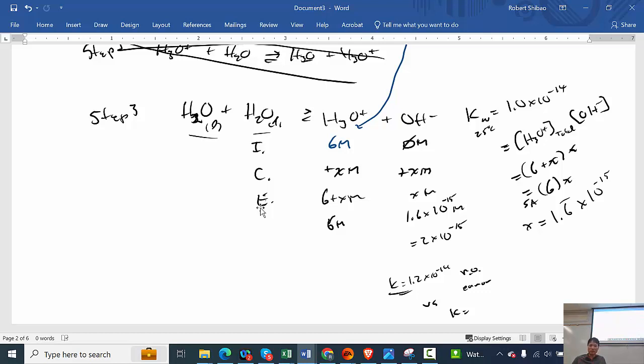Versus a K if I just kept the digits in my calculator, which came out to 1, using all digits. Now, a 1.2 might make you wonder if you did a calculation error. There wasn't a calculation error here, it's just rounding error, because we're off by 20%.